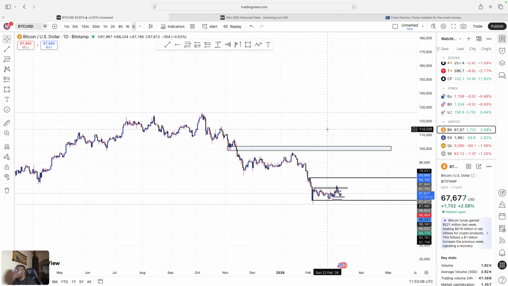You can see, easy peasy, very safe. And this is how to use support and resistance.